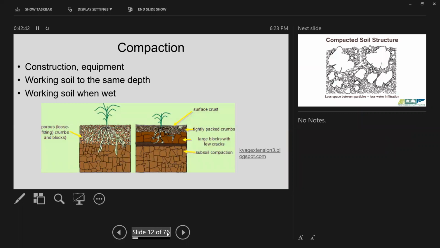But when you take that soil and you've got construction, you've got equipment coming in, you're working the soil to the same depth each year. And unfortunately, this is a traditional farming practice. You're growing row crops, you're typically plowing and tilling at the same depth. Sometimes, the farmers will have to get a tool and they will rip the soil.